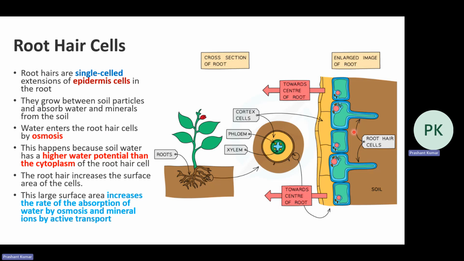Whenever we have to talk about the movement of water, we always say osmosis, because the term osmosis is used specifically for the movement of water from the region of higher water potential to the area of lower water concentration through a semi-permeable membrane. And that is why water is moving.